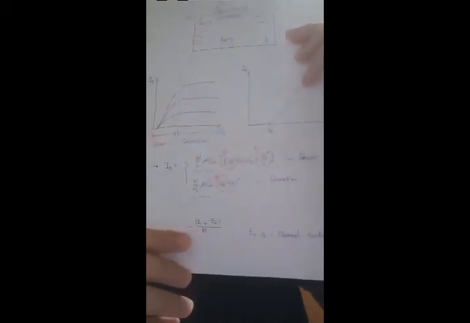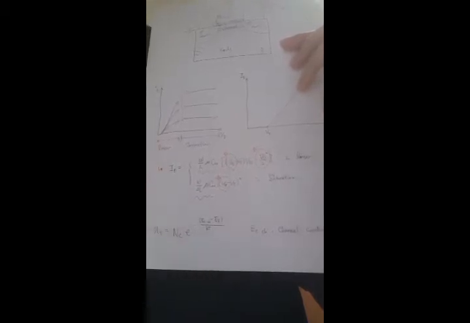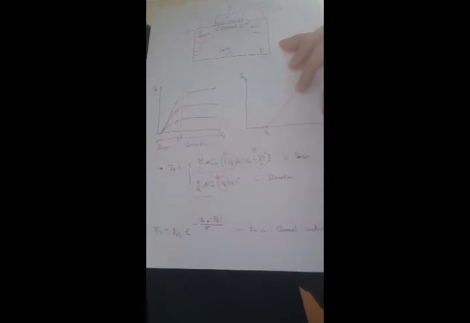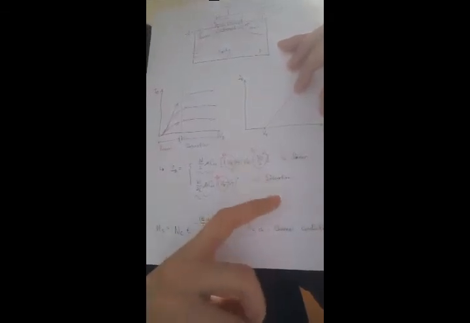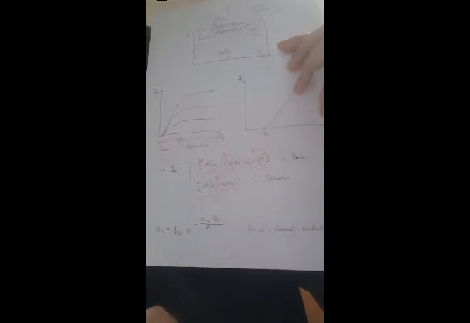This is the formula for the drain current with the graph of the drain bias. The upper one is for the linear region, and the lower one is for the saturation region.